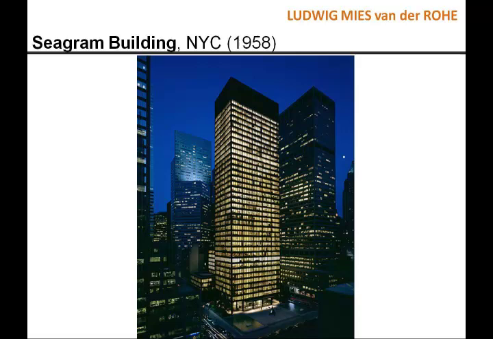So you'll notice in this image that unlike many of the skyscrapers in New York, Mies pushes the skyscraper back on the lot. Remember, these properties are so expensive that typically developers would not allow that much openness. But in this case, he pushes it to the back of the lot, opens up that plaza, and allows the building to actually be seen from the sidewalk.